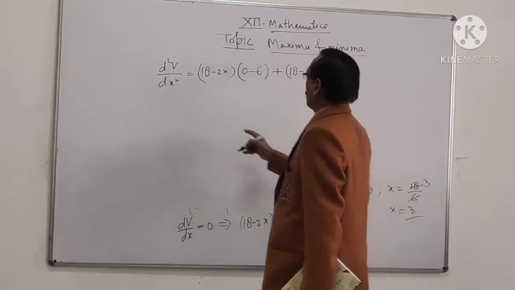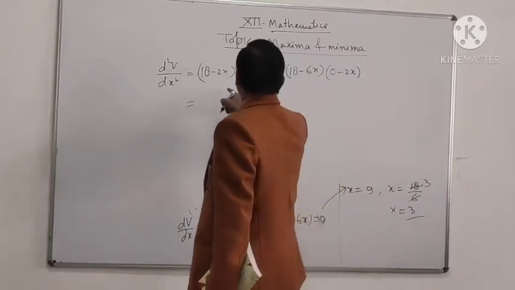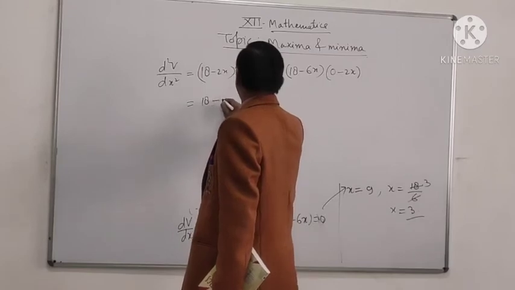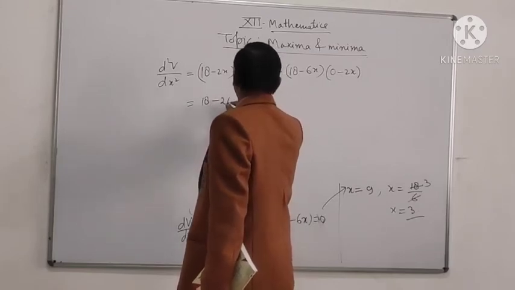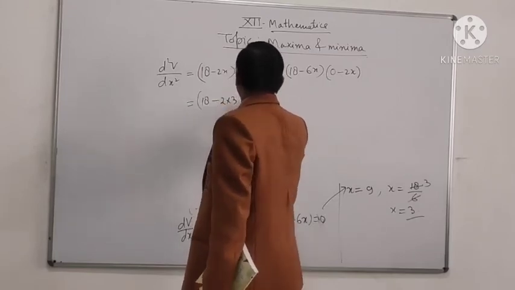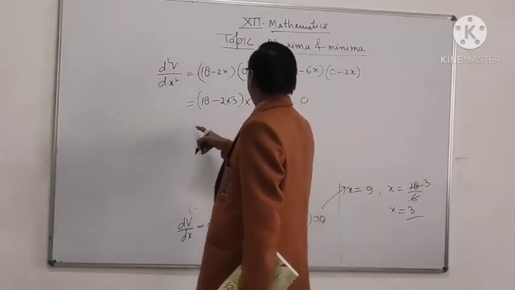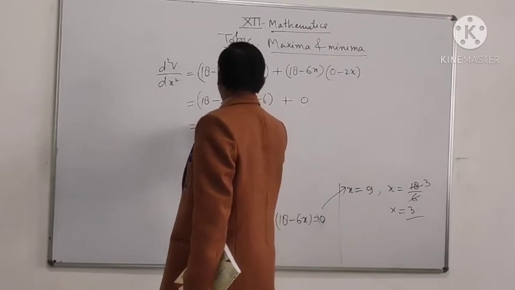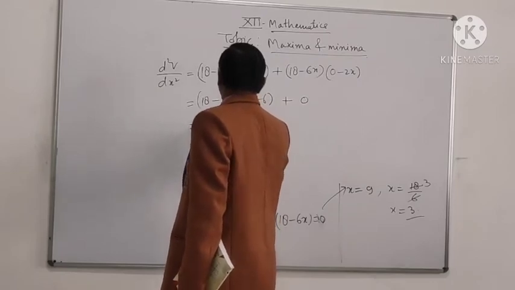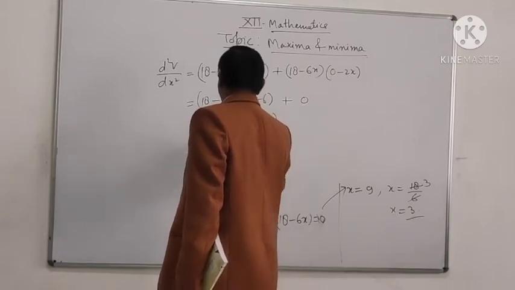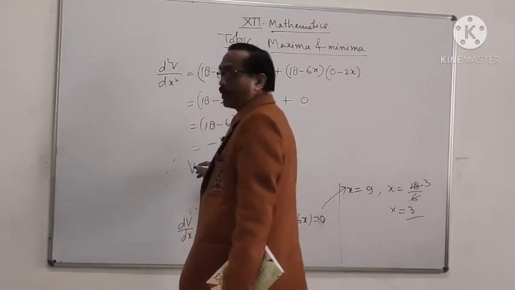Now when x equal to 3, then it is 2 into 3 into minus 6. This part will be 0. So it is 18 minus 6 into minus 6, so result is negative. It means volume is maximum.